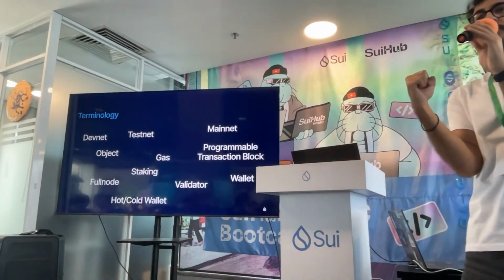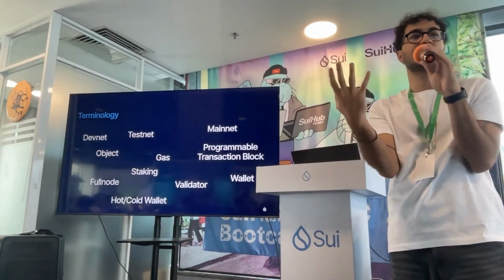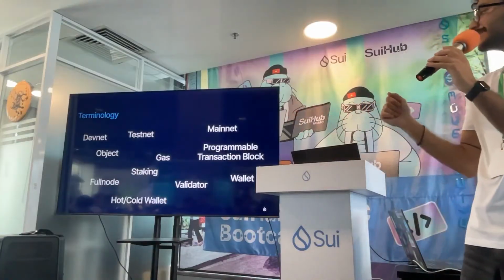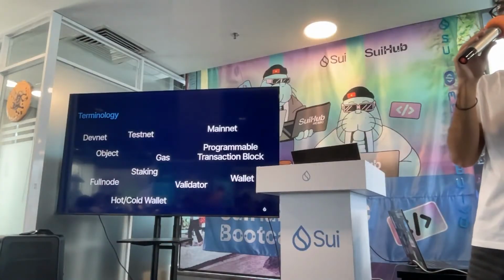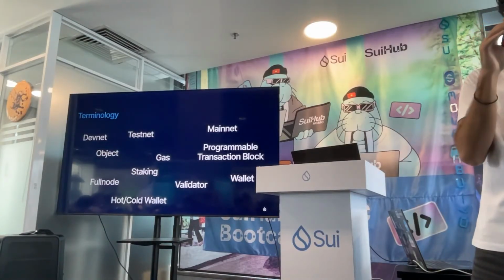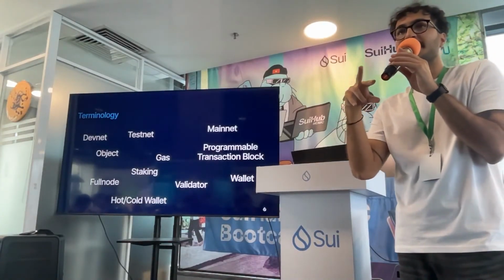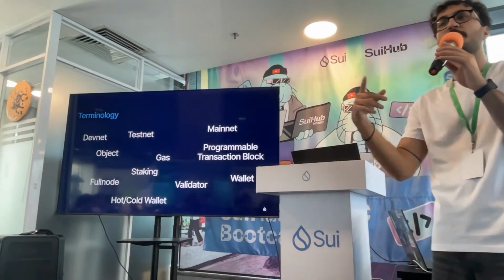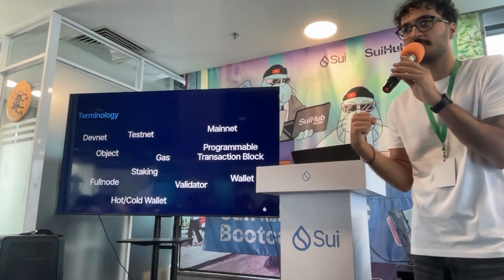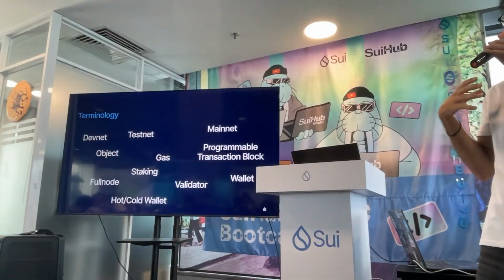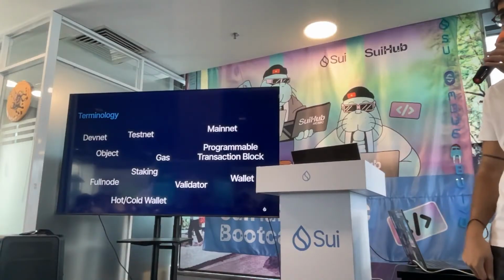So that's the full node. The full node server that you are utilizing to talk to the network does not actually take part in the validation process, but allows you to build a path to communicate with the network. It has the latest image of the network. So this is basically your gateway to access the validators.